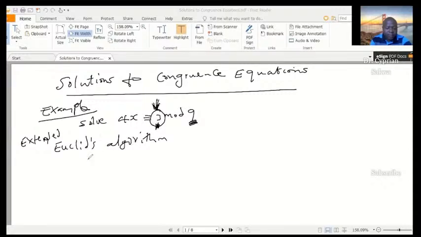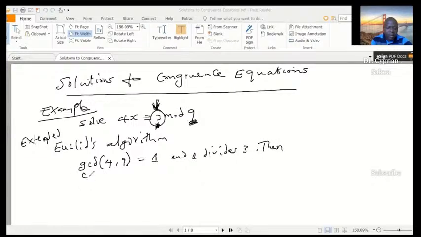The first thing I'll do is to find the GCD of 4 and 9, and I've seen that it's 1, and 1 divides the remainder, which is 3, and this therefore means this congruence has a solution, has one solution.